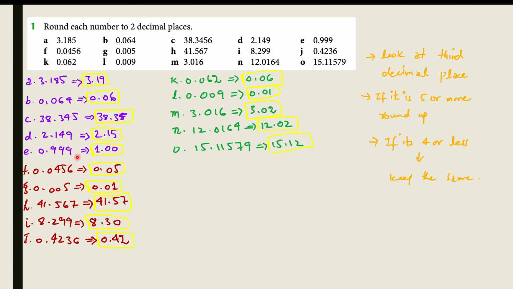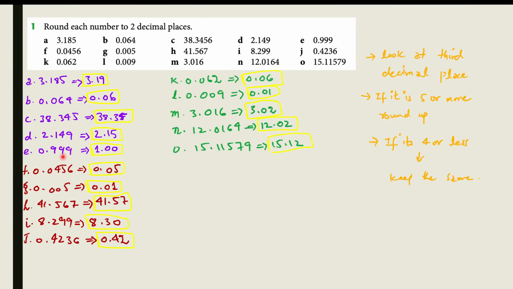So 0.999. So in here we look at the third decimal place, which is 9. It is more than 5. So when it's more than 5, we round it up. What do we do when we round it up? We increase the second decimal place by 1.